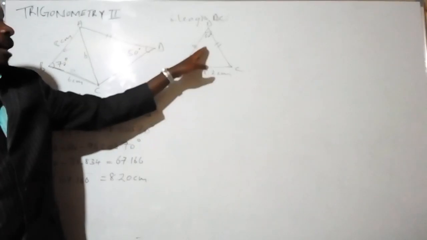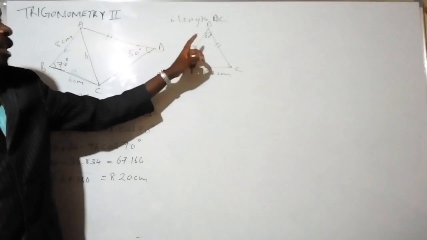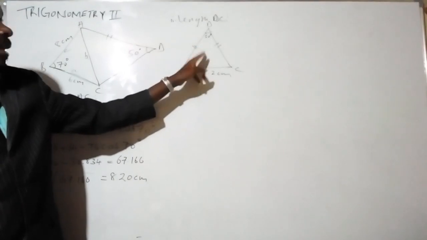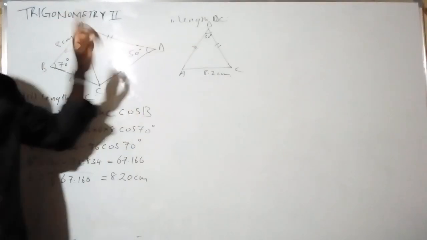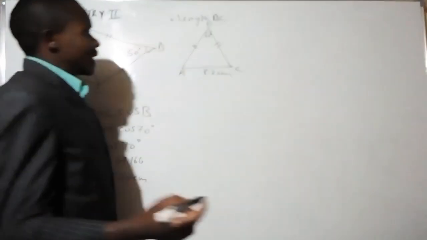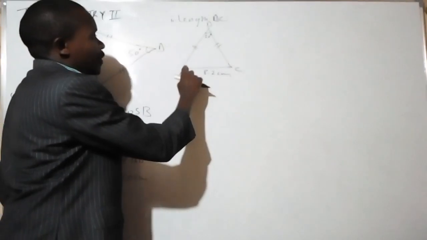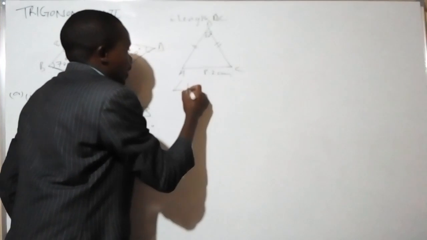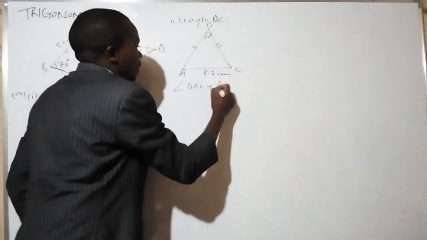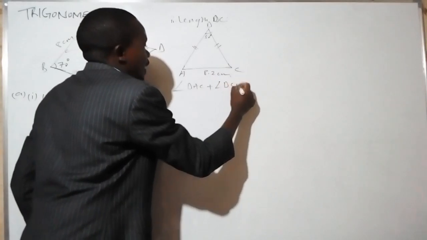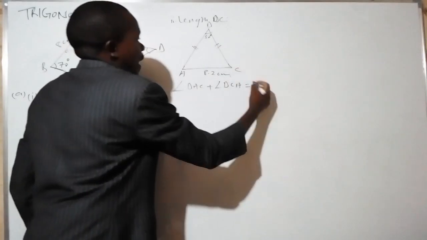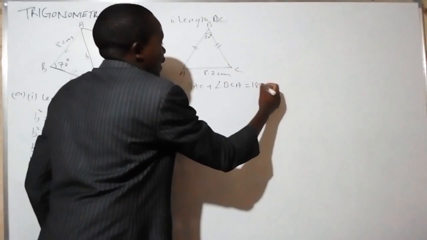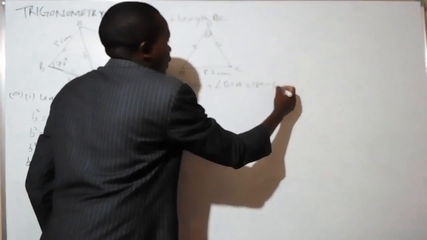Angle DAC plus angle DCA is equal to 180 minus 50, which is 130 degrees.